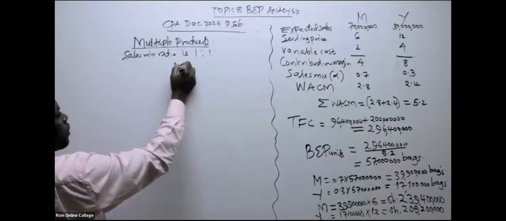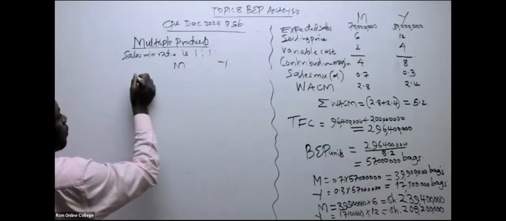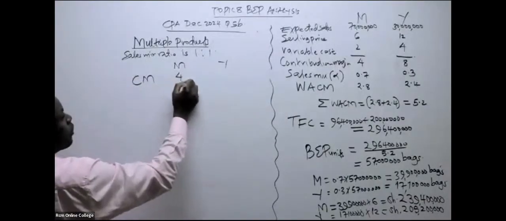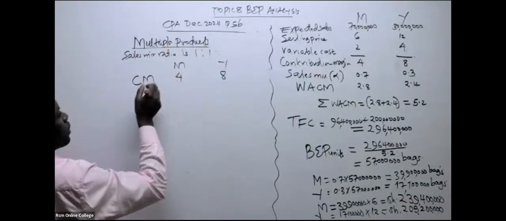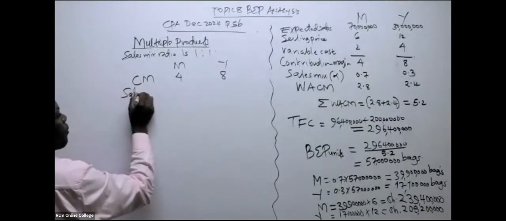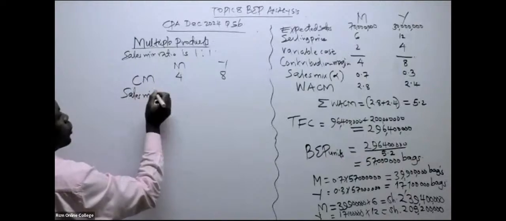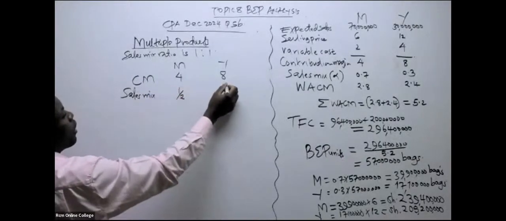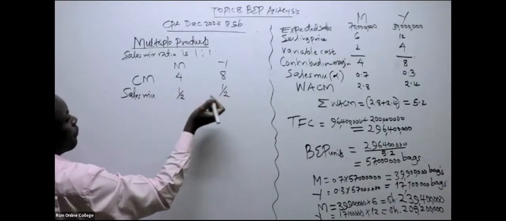So for product M and Y, remember contribution margin is already there. It is not affected. I have 4, I have 8, right? Then my sales mix ratio, or alpha, is now 1:1. That is 1/2, 1/2, the same as half.